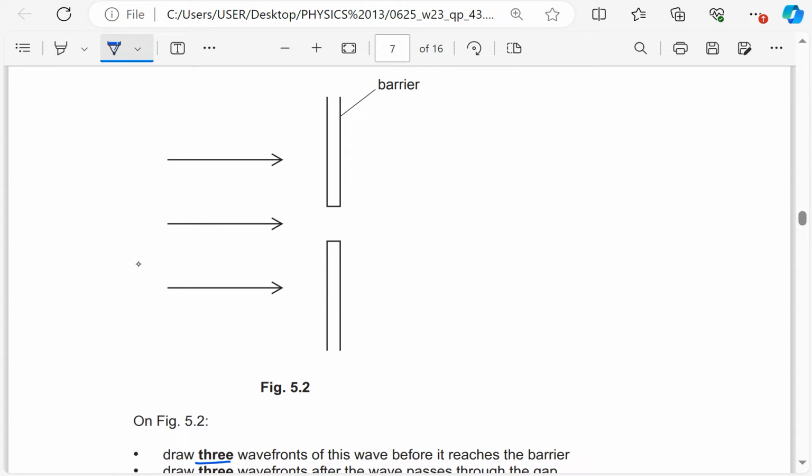So let me draw this as the first one. The distance between them must be smaller but equal. The wavelength must be less, and if the wavelength is less, then the diffraction here is going to be less pronounced.